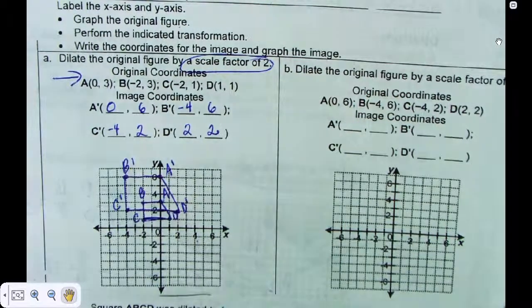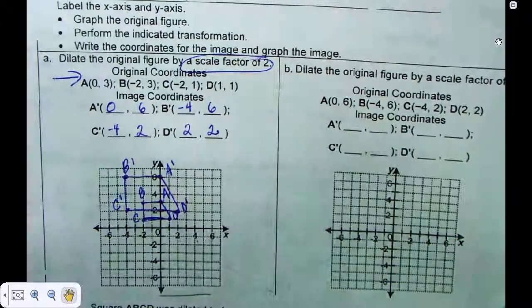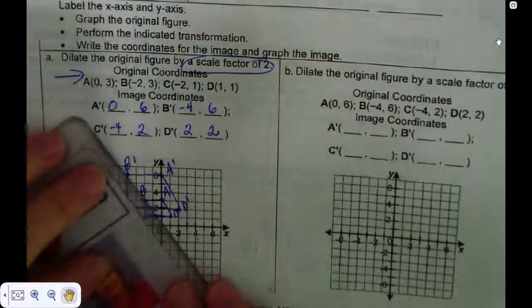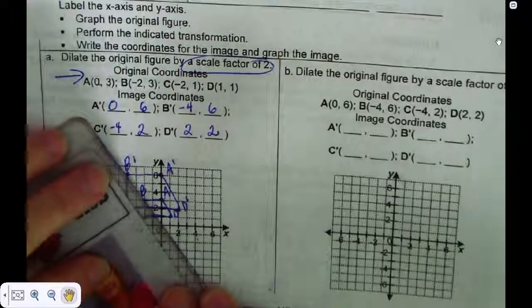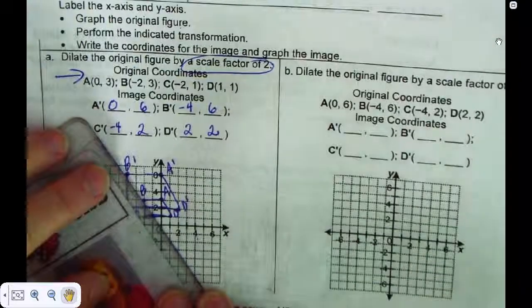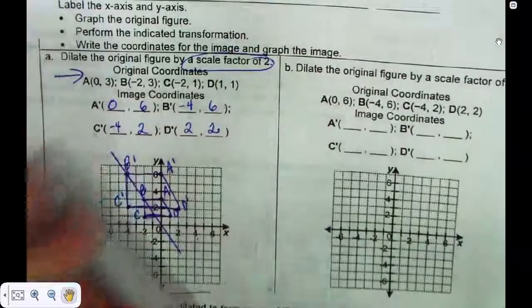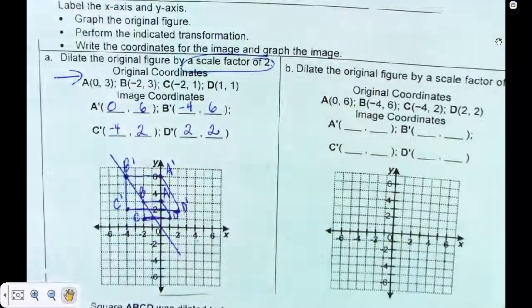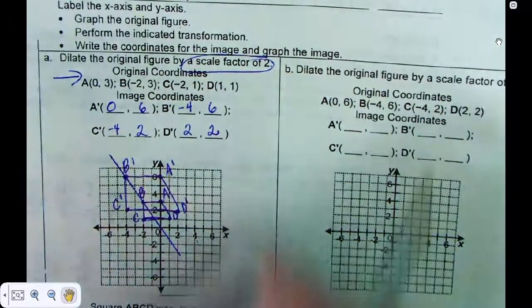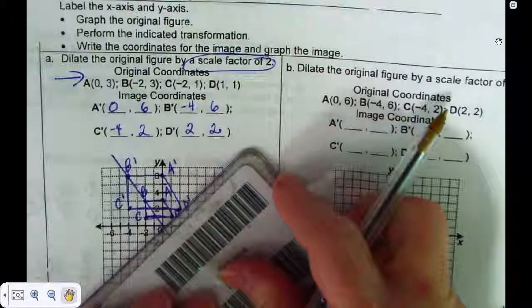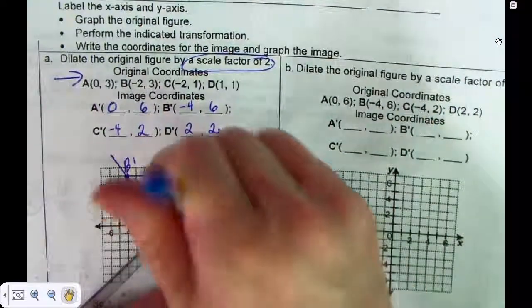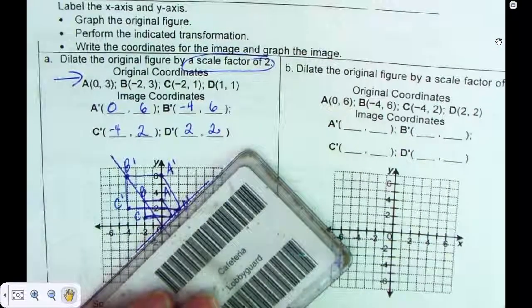Now, to know if we've got it in the right place, use your ID. Go line up B and B prime for me. Does it go through the origin? Yes. D and D prime? Yes. We're not going to draw them all on all of them.